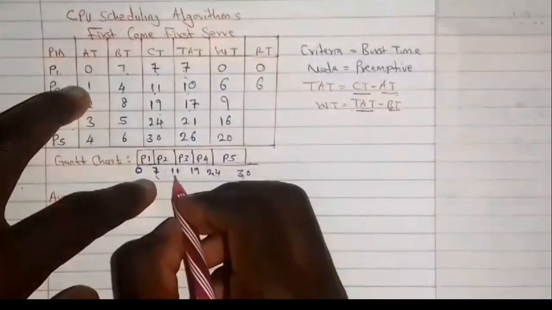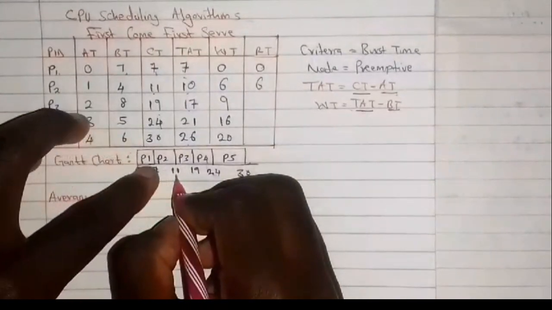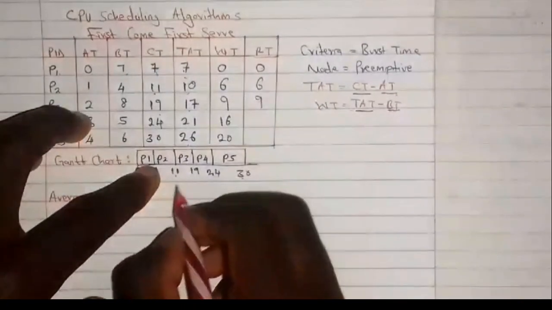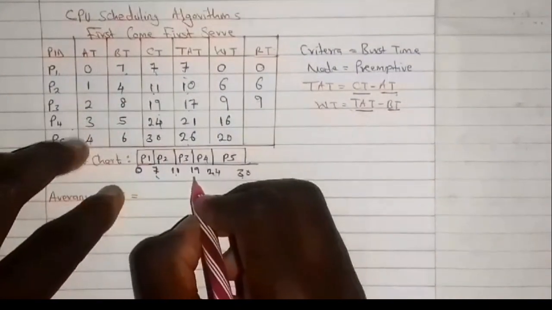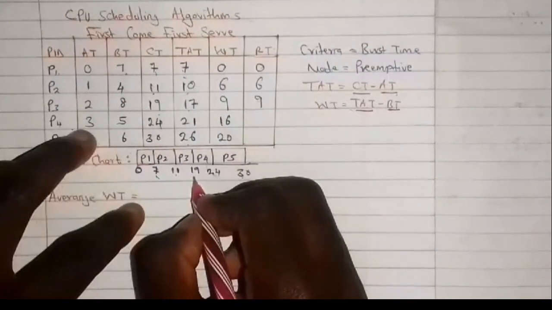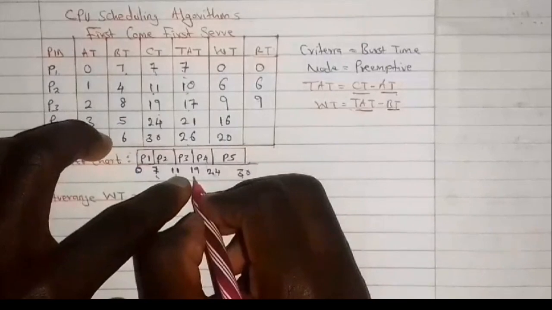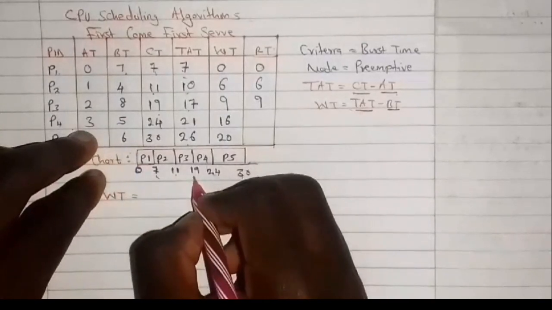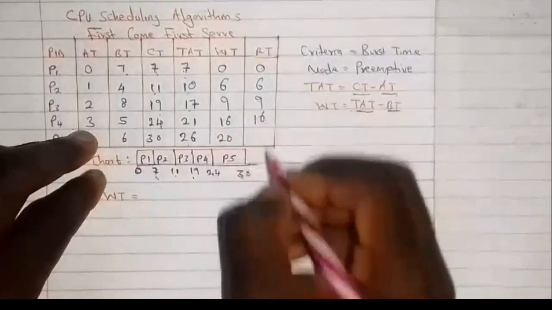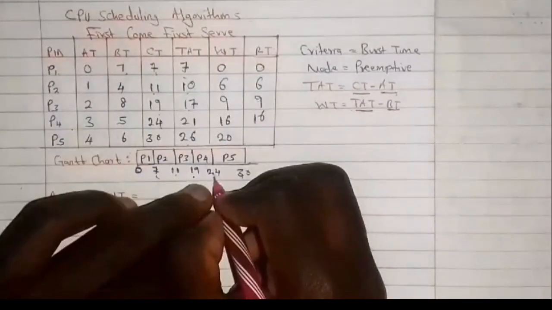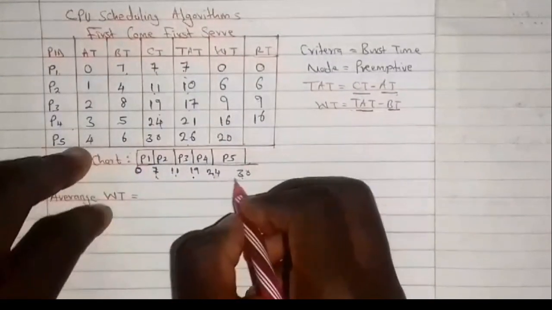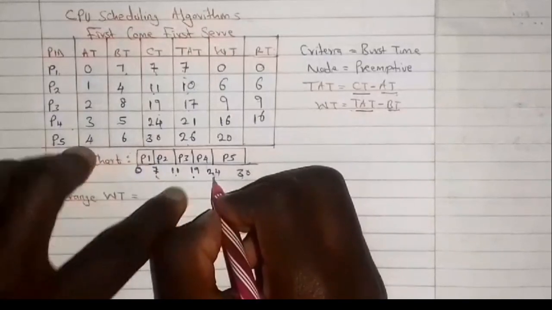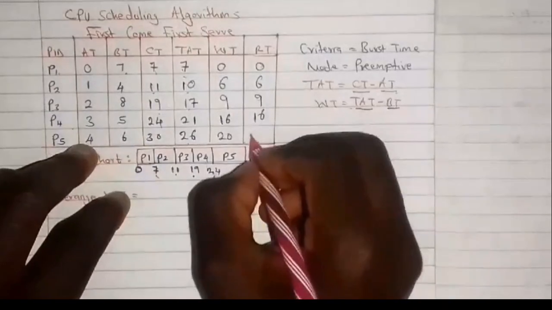And then P3, 11 minus 2, 9. P4 got to the CPU at 19 and arrived at time 3. So 19 minus 3, we get 16. And finally P5 gets allocated the CPU at 24 minus 4, that is 20.